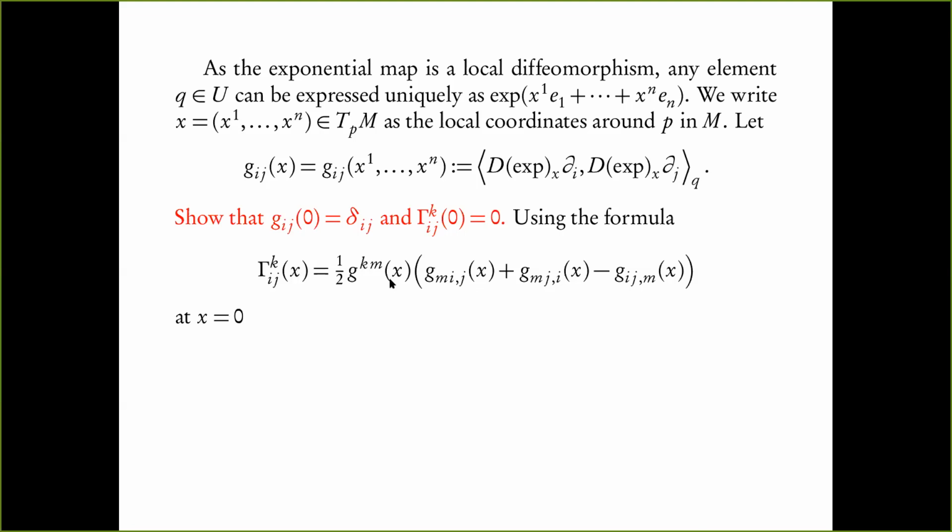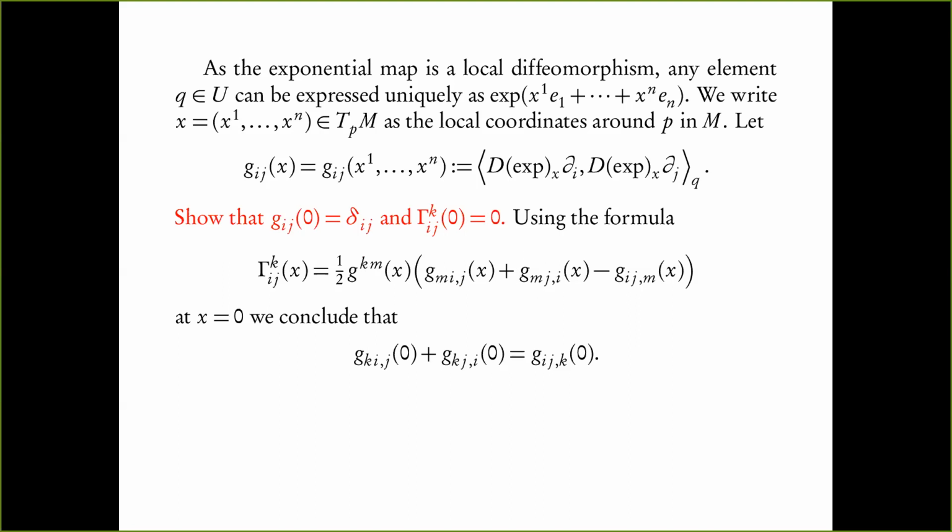And if we evaluate this at x equal to 0, the left hand side is 0 because of the previous formula. And G is invertible. So what we get is that the three terms here add up to 0 for any I, J, and K. Okay.